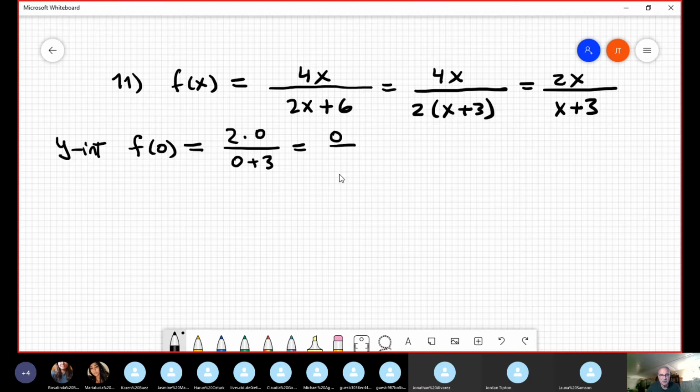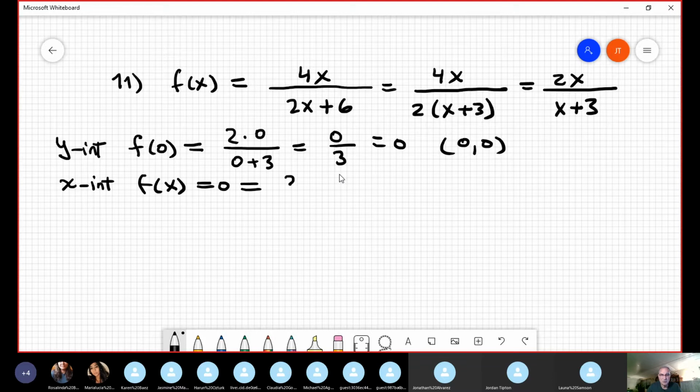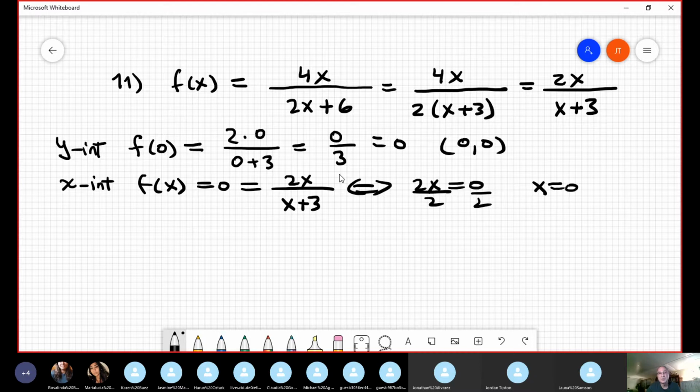It's obvious that 0 over 3 is 0. So, that famous 0,0 point. By the way, when this situation happens, this is both the x and y intercept. Setting y equal to 0 is equivalent to saying that 2x over x plus 3 is 0, which is equivalent to saying that 2x is 0, divided by 2, x is 0. And one more time, we get the famous 0,0, which is both x intercept and y intercept.